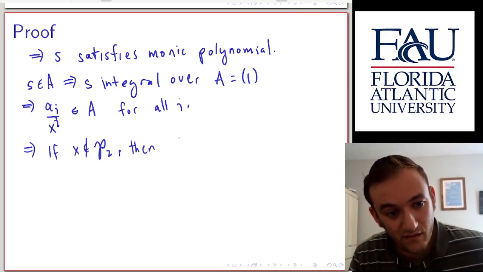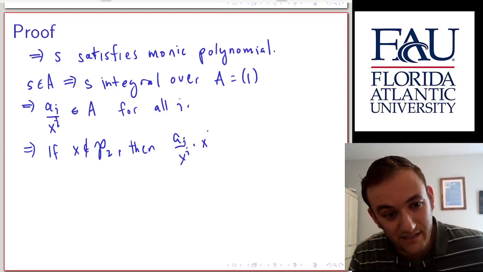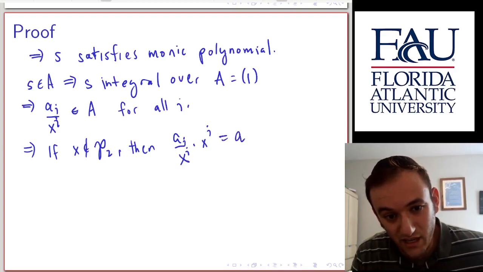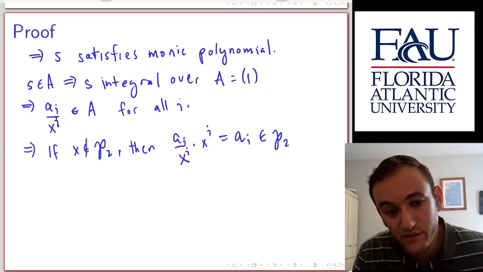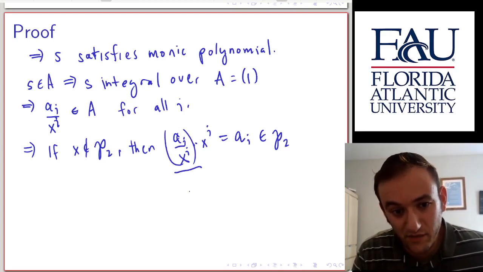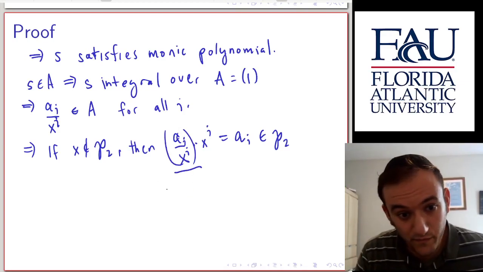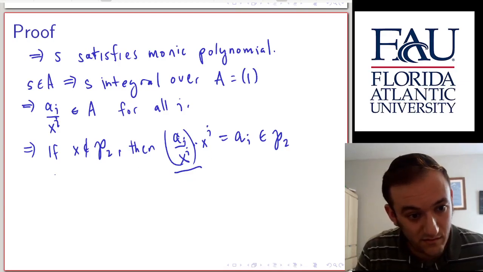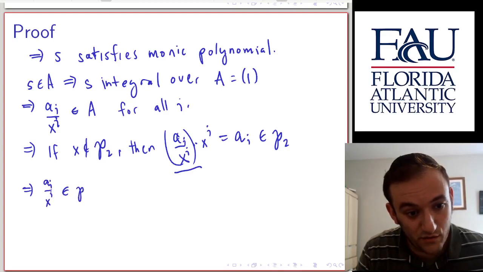then ai over x to the i times x to the i equals ai, so we know that has to be in P2. So that means that this must be in P2 by primeness. It is in P2 for all i.